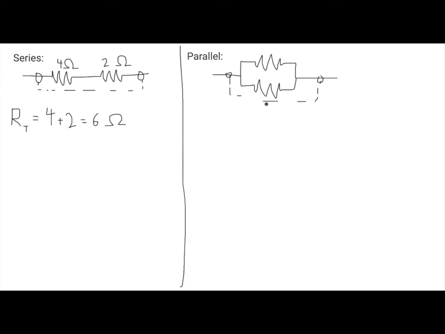In contrast, for parallel, it's a bit different. In fact, the resistance between this point here and this point here is lower than if we only had one resistor. In fact, the resistance between those 2 points is described by the following equation.